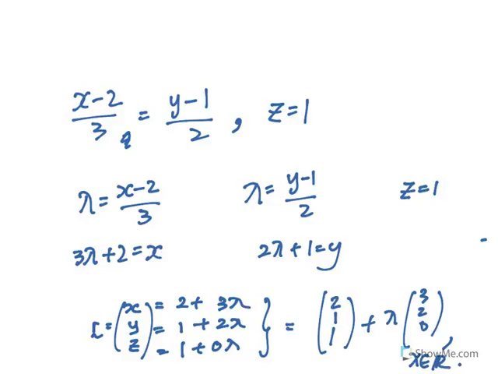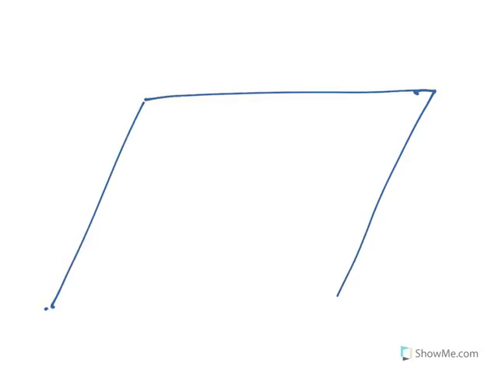Okay, then I have this one. This is the vector equation of plane P. So if this is a plane, I have A, which is some point here, with reference to an origin.